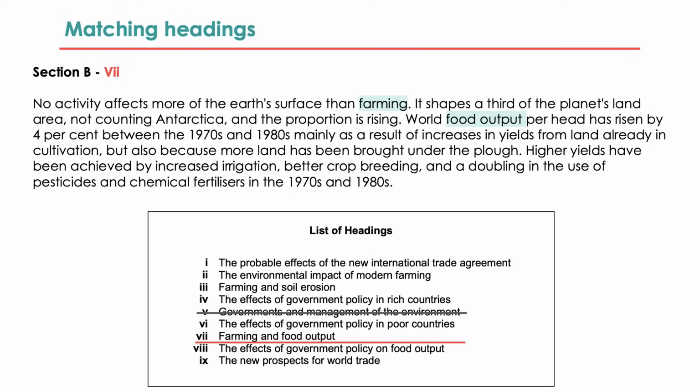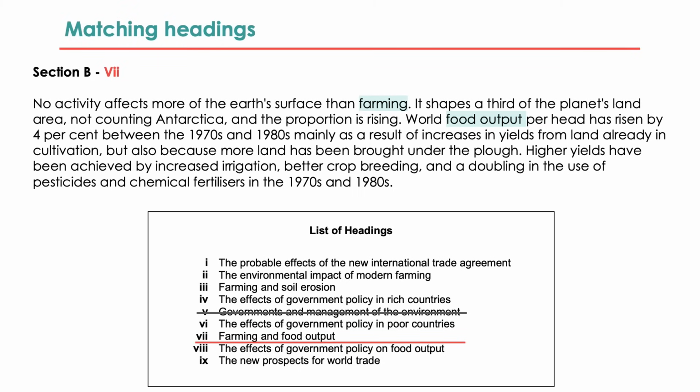Let's move on. Farming and soil erosion. We haven't read anything about soil or erosion. That's incorrect. Number 4 and 6 are actually about the government policy, so those are incorrect. Number 7, farming and food output.